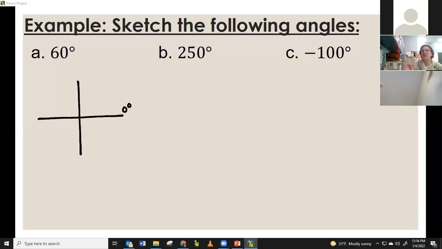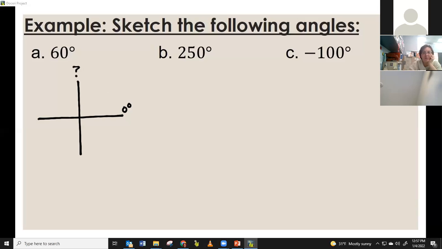So how many degrees of rotation would it take to get up there to the top of the positive y-axis? Once I have rotated from my initial side up to there, how many degrees have we gone through?